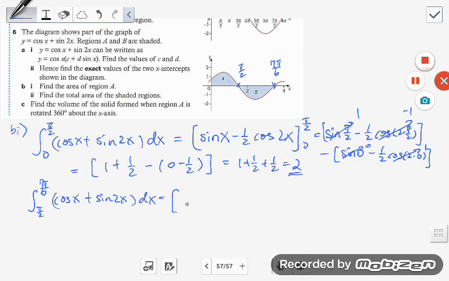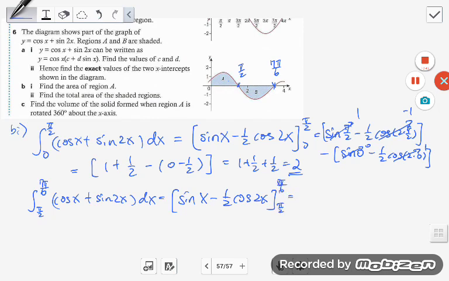Everything is pretty much the same, it's only the substitution part that's different. Be careful with this: just now I made a mistake. It should not be from 0, it should be from half pi to 7 pi over 6.